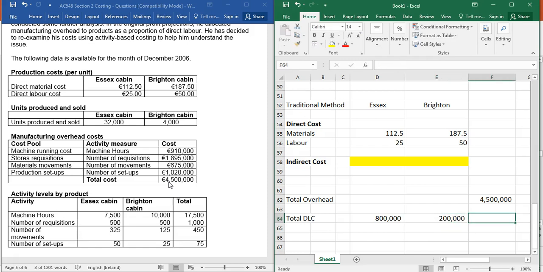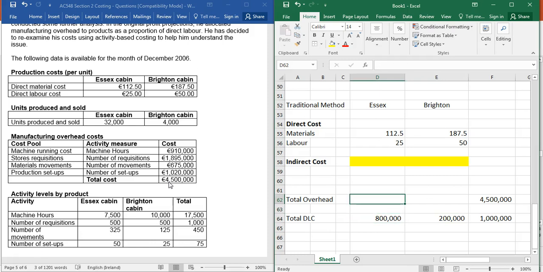So we can see here the total direct labour in the company is 1 million, of which 80% is Essex and 20%, 200,000, is Brighton. So that's the relationship we're going to use for the traditional method to say, well look, if Essex use 80% of direct labour cost, it should get 80% of the overhead, on the basis that that's a direct relationship.